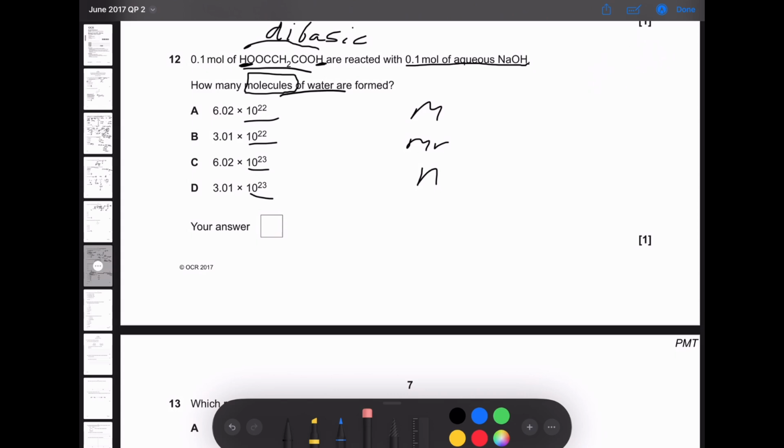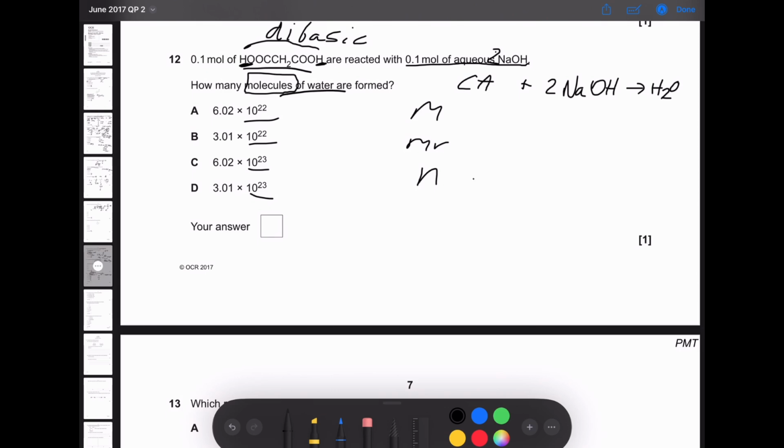We're forming water. We're going to need 2 moles of sodium hydroxide for every 1 molecule of this compound here. So if we just call this CA for carboxylic acid, plus 2NaOH gives us water and some disodium salt.